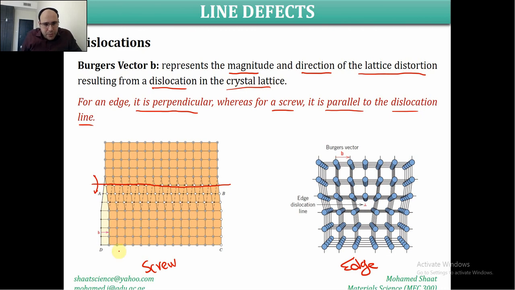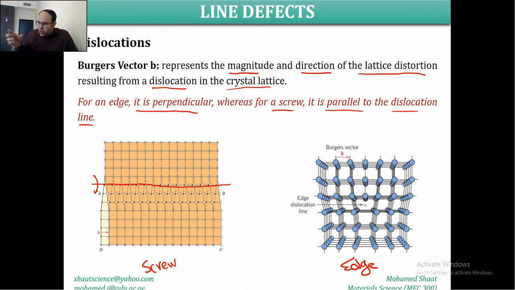The same thing, the magnitude here, we are shifting only one lattice site. We just shifted one unit cell, but we could have more shift, like 2 unit cells or 3 unit cells and so on. In that case, the magnitude of the Burgers vector will keep on increasing as we increase the shift to the right with one lattice or two lattices, or one unit cell or 2 unit cells and so on.